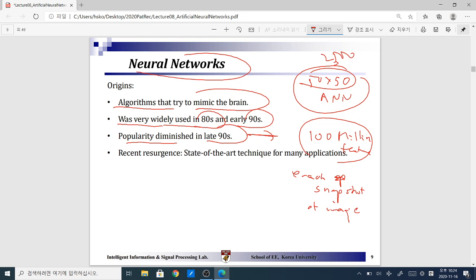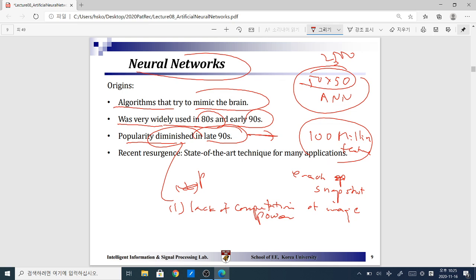So it's going to encounter the overfitting problem because of the lack of two things. Number one, the lack of computational power.